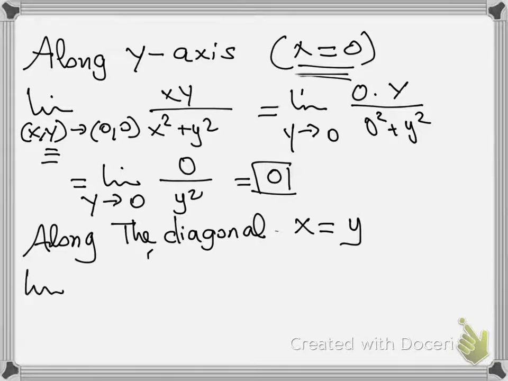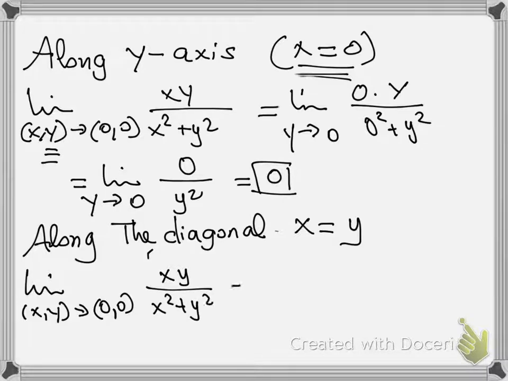So we have limit as (x, y) approaches (0, 0) of xy over x squared plus y squared. Now my x is equal to y. So x goes to 0, y goes to 0. Since x is equal to y, it's just x goes to 0, because y goes to 0 and y is equal to x.